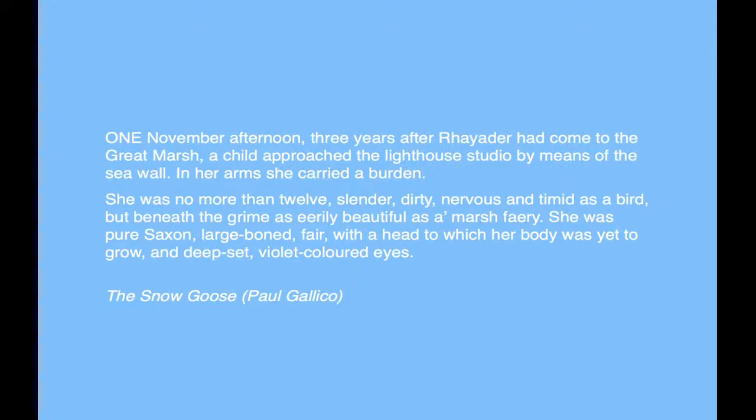So these words are not particularly polysyllabic, although here, how about this? But beneath the grime, as eerily beautiful as a marsh fairy. Eerily beautiful, two polysyllabic words next to each other, remembering from yesterday's session that polysyllabic words suggest complexity.